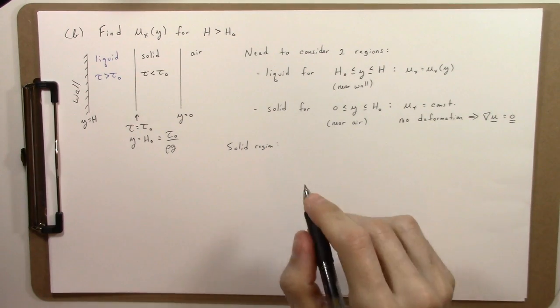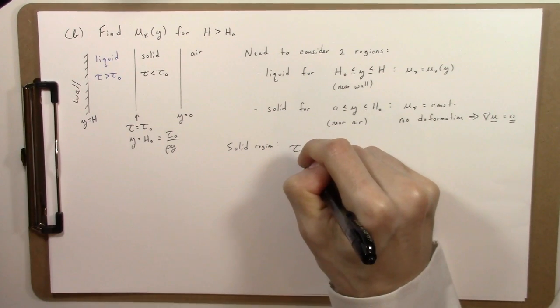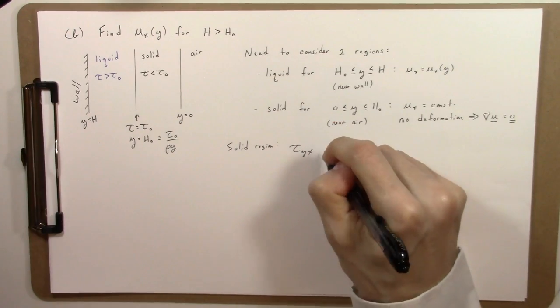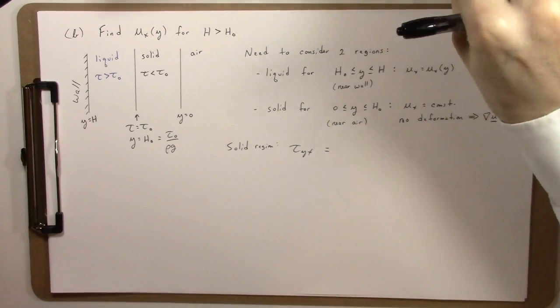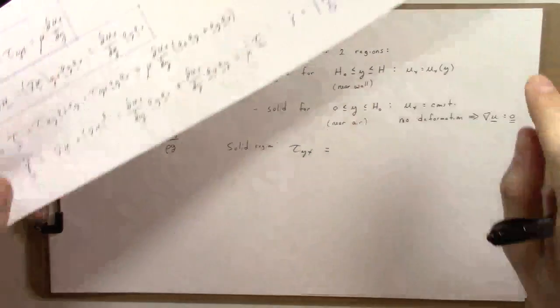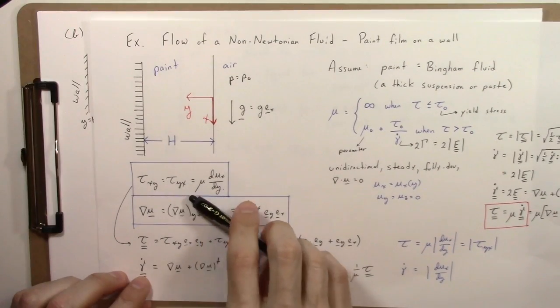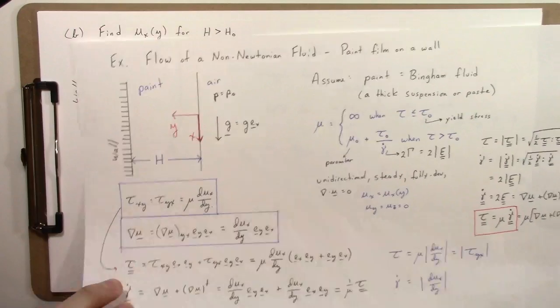near the air. So tau yx, we've already found that from our first part of the analysis. Tau yx is mu dux dy.